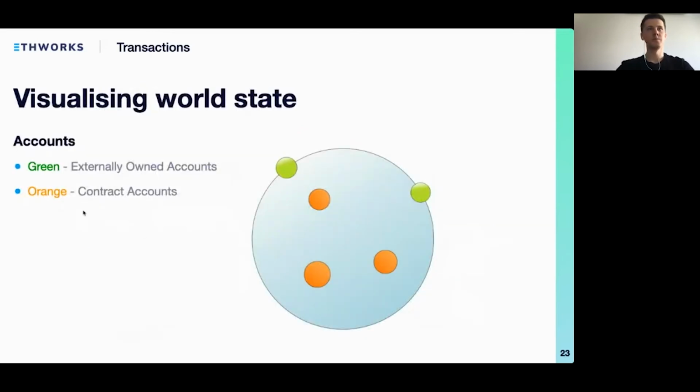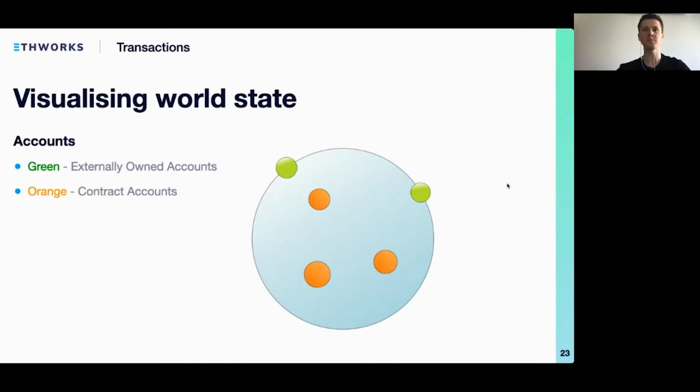Now I would like to show you a couple of slides that help understand those two types of accounts more. So imagine the blockchain system as a circle. You have green external accounts on the border of the circle, and the contract accounts in the middle of it.